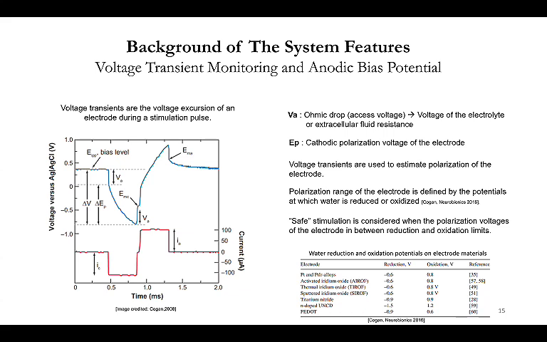So like you see, the blue figure is the voltage transient signal. VA is called the ohmic drop, which happens basically because of the electrode interface resistivity.